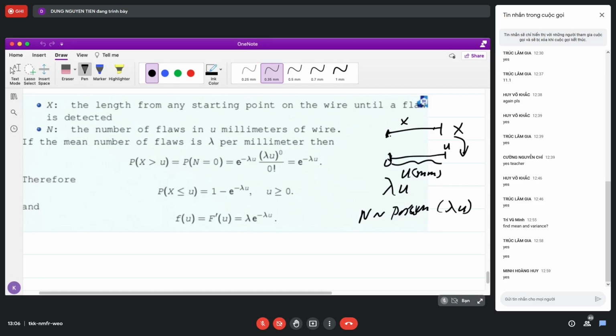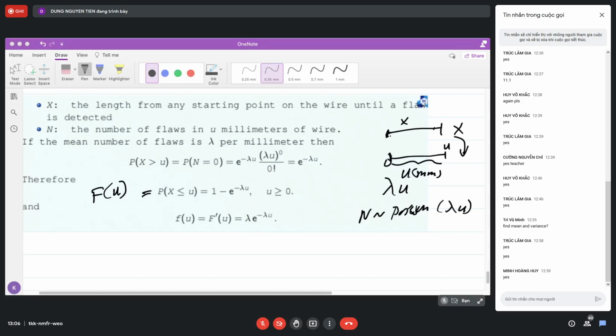And then you can find the probability that X is less than or equal to u, which is 1 minus the probability of the complement. So you get 1 minus e to the power minus lambda u. And this is the cumulative distribution function of the capital X. Then you can differentiate the function F of u to get lambda times e to the minus lambda u, and that is the density function of the random variable X. Do you understand that?